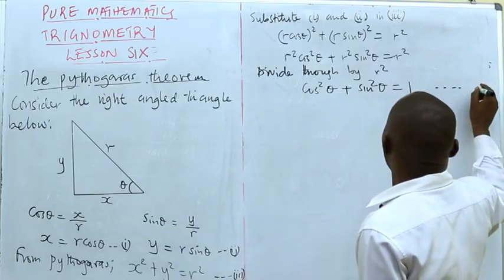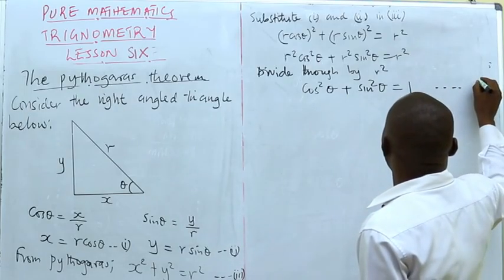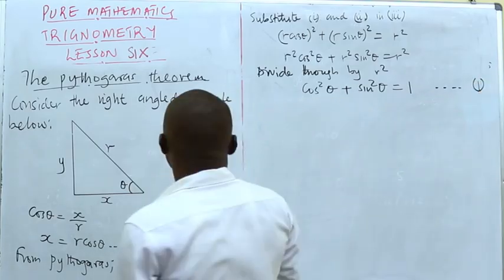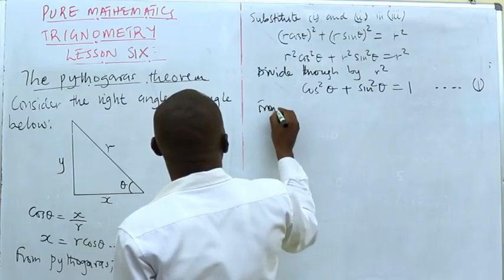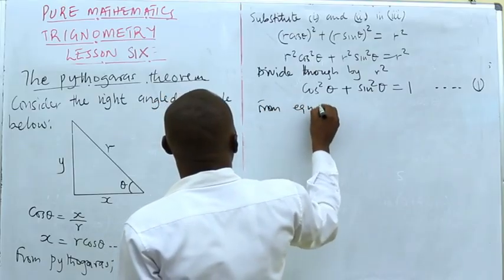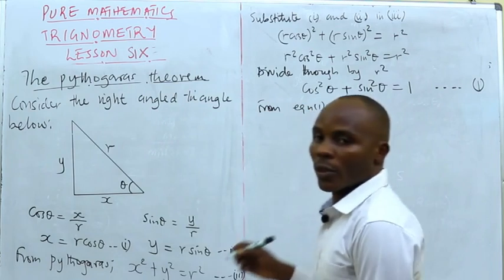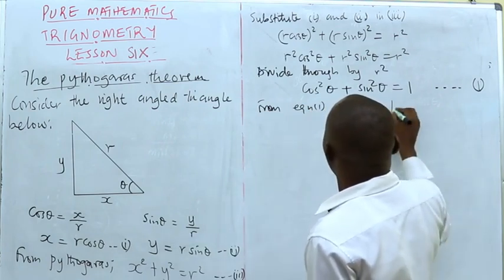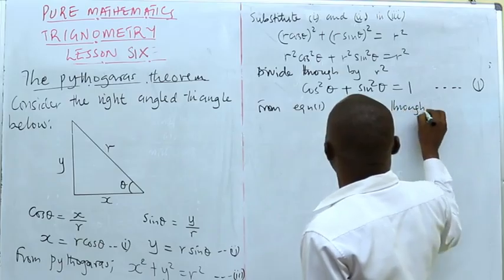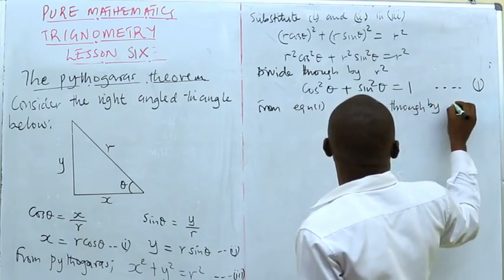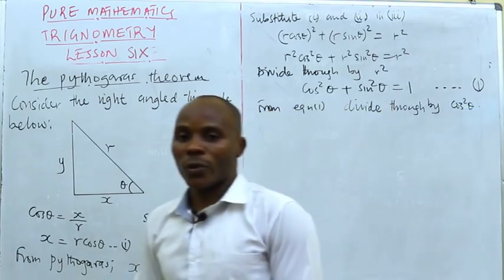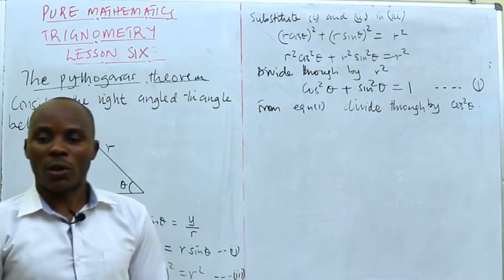You call this one equation 1. So from equation 1, divide through by cos squared theta. If you divide through by cos squared theta, what do you get?